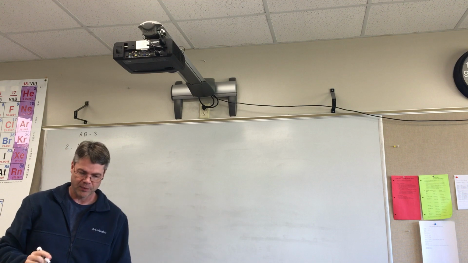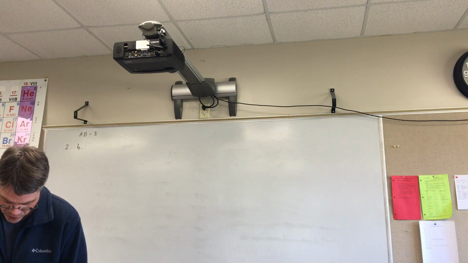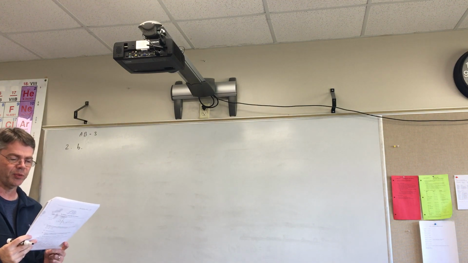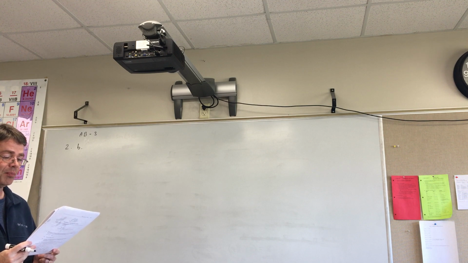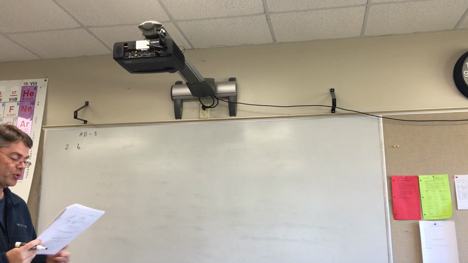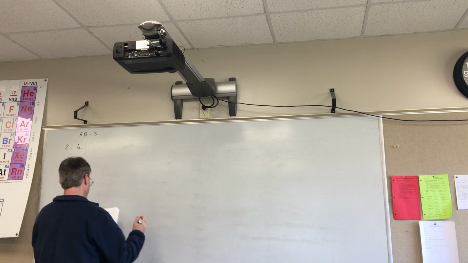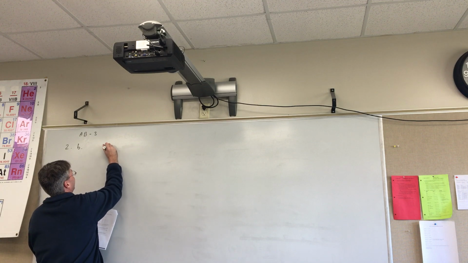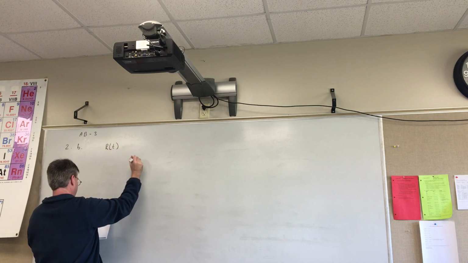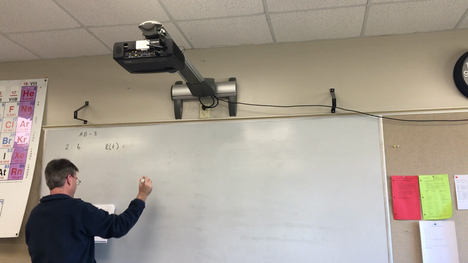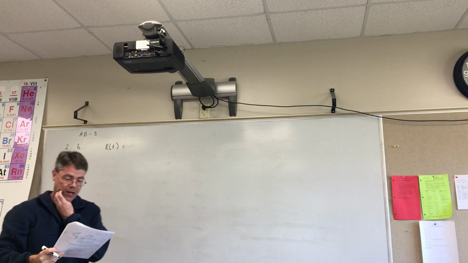Okay, part B says that after studying the spread of the disease, the health authorities decided they could model the number of new cases per day with R of t equal to this really unattractive function.